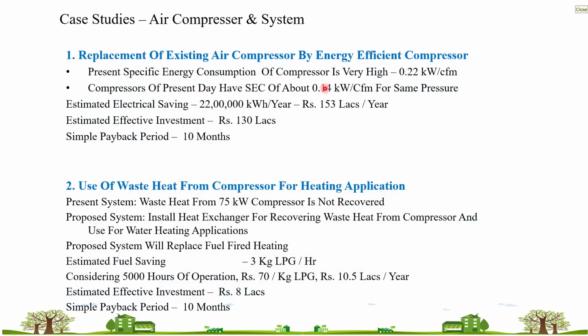A present day new compressor has 0.14. So 0.08 kilowatt per CFM can be saved. To generate 100 CFM, you will require 22 kilowatt. For this compressor, you will require 14 kilowatt. For 100 CFM, you will save 8 kilowatt. That's the calculation.